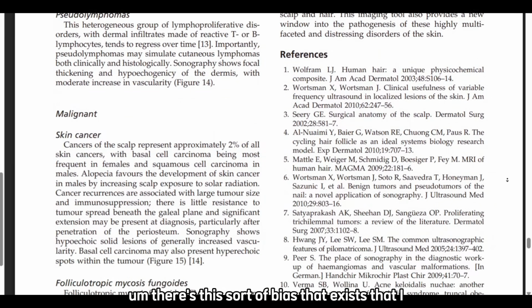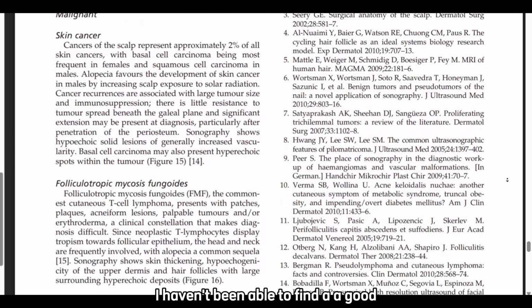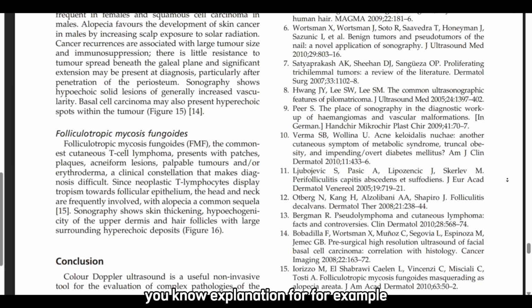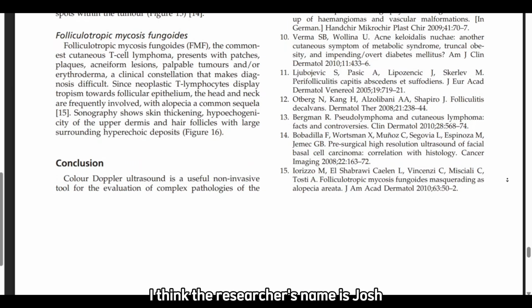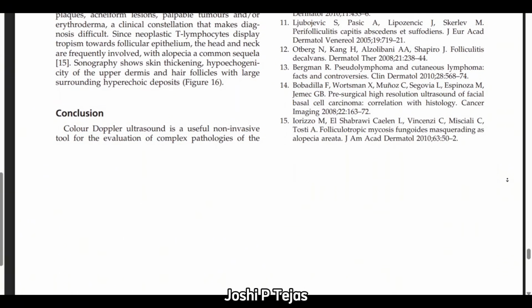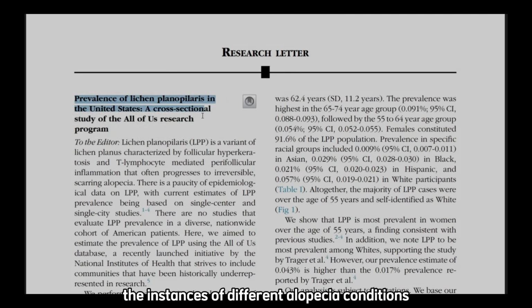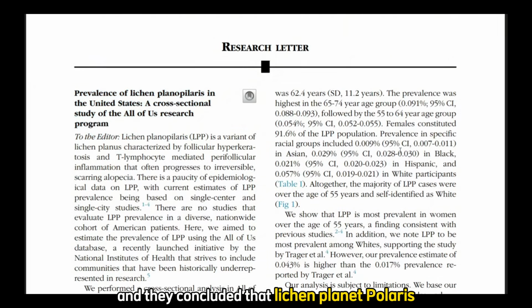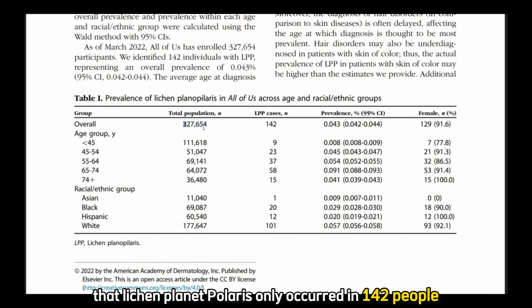There's this sort of bias that exists that I haven't been able to find a good explanation for. For example, there was this paper by, I think the researcher's name is Joshi P. Tejas, concerning the instances of different alopecia conditions. And they concluded that lichen planopilaris, out of a database of around 324,000 patients, only occurred in 142 people.